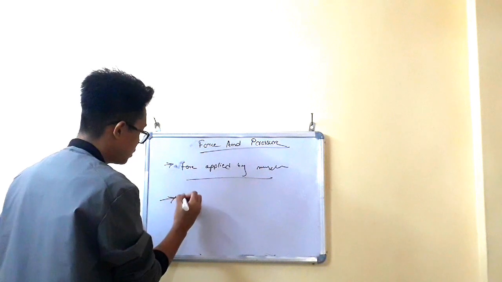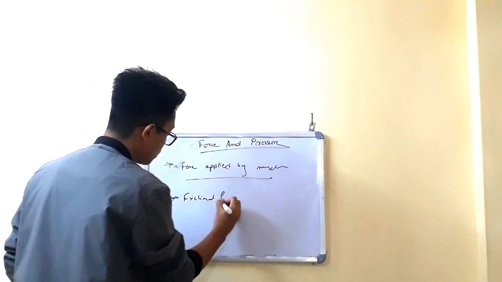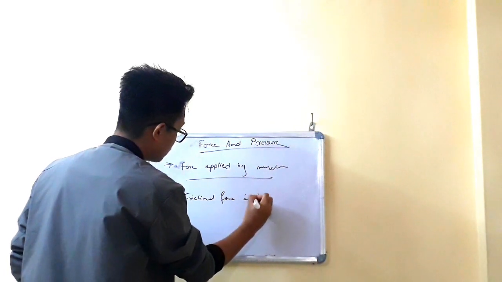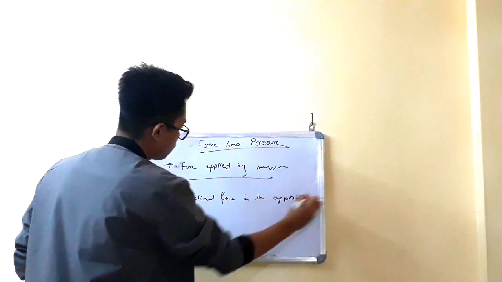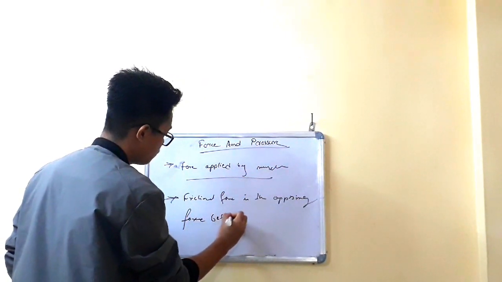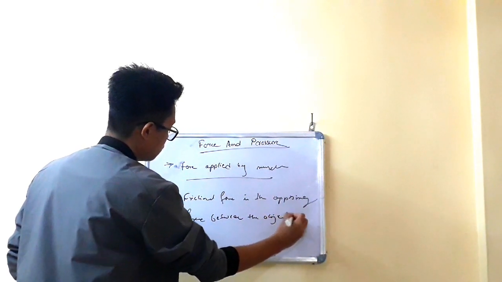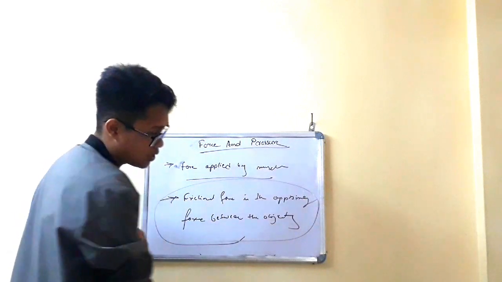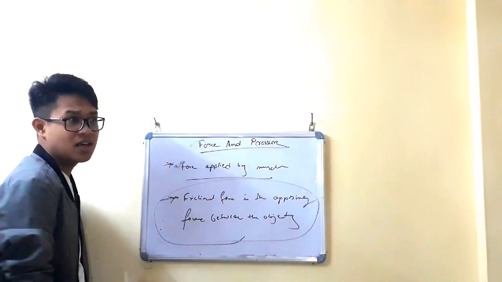Then frictional force is the opposing force between the objects. We'll be coming to details in the next chapter about this. Just for now, we can say that frictional force is the opposing force.